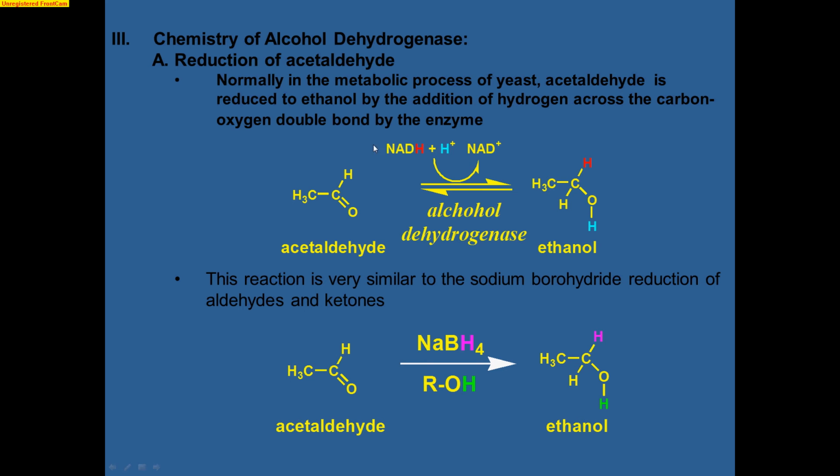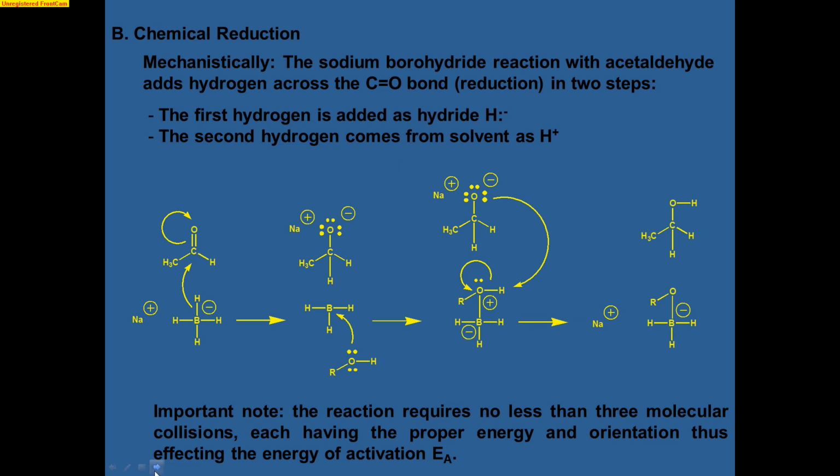So if you think about this, NADH going to NAD is pretty much analogous to acetaldehyde going to ethanol using the reagent sodium borohydride, then it's reasonable to consider that mechanistically it's probably not that dissimilar.